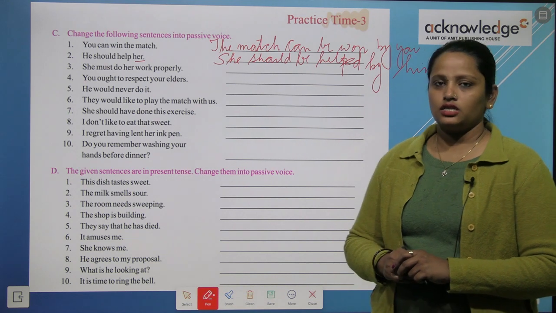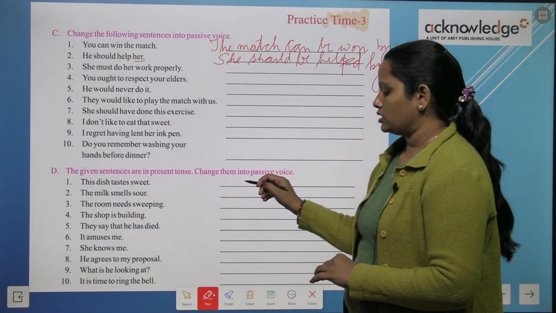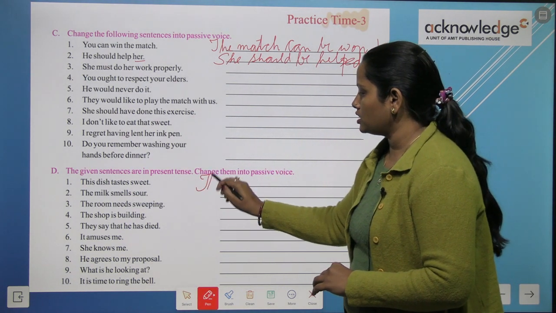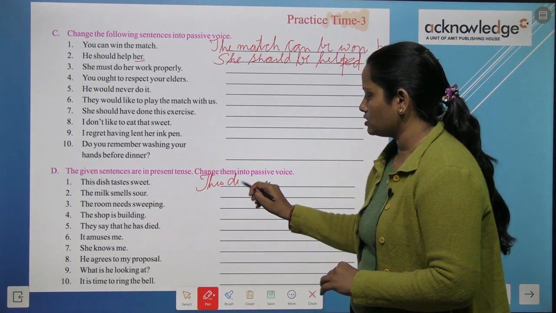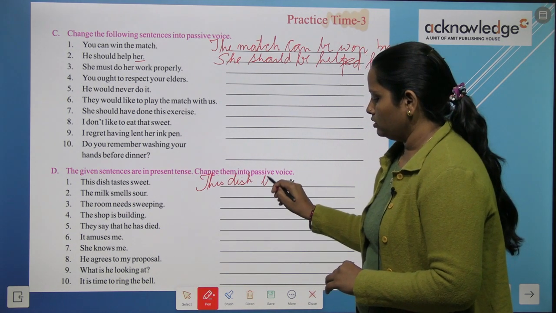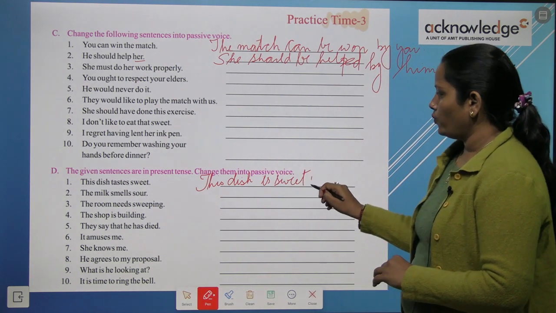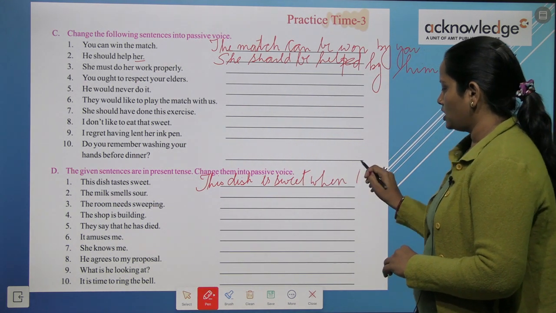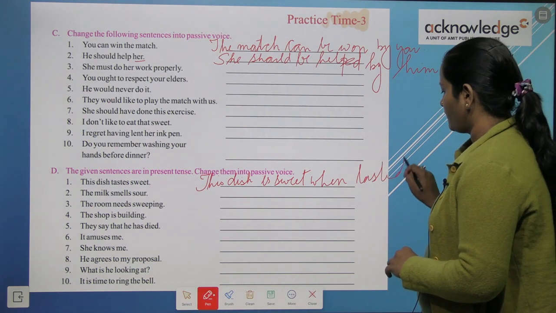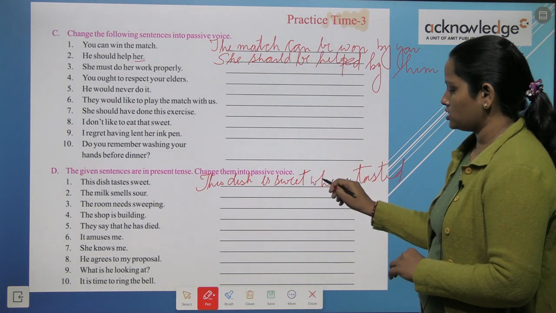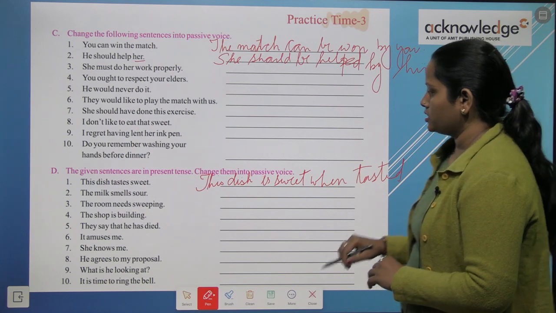This dish tastes sweet. So this dish, write down, this dish is sweet when tasted. So this dish is sweet when tasted.